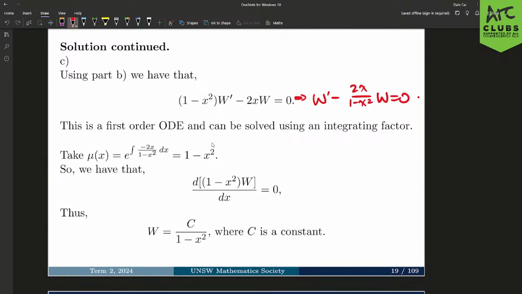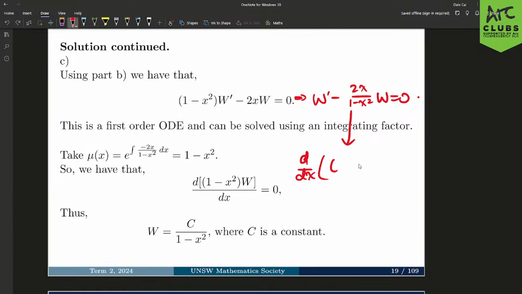And then using an integrating factor, the integrating factor is e to the integral of this middle term, or this second coefficient. If you do the integral, not a particularly hard one, you'll get 1 minus x squared. And so the left-hand side here is the derivative of 1 minus x squared.